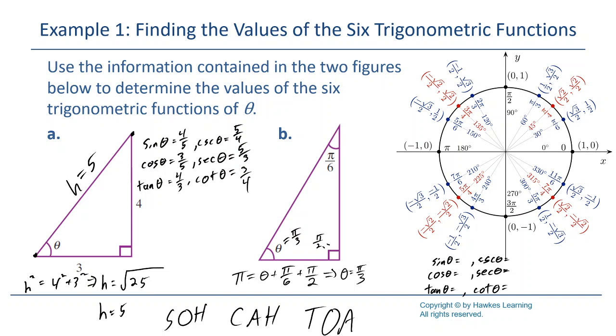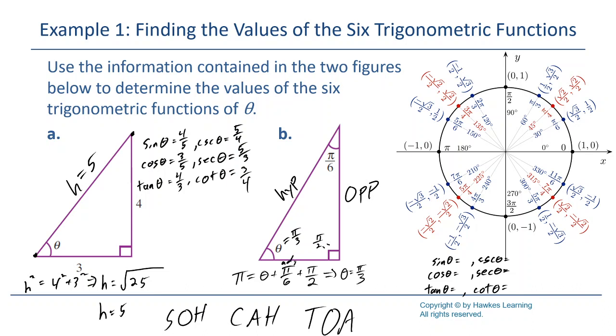So now that we know what theta is, instead of going back to trying to find a ratio, let's go here to the unit circle. Remember, this is your hypotenuse. This is your opposite side, because it's opposite of theta, which is what we're after.